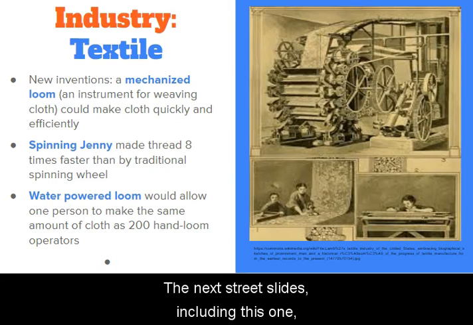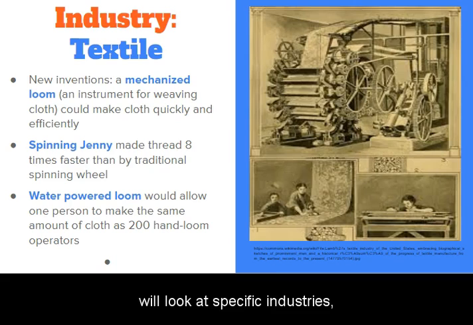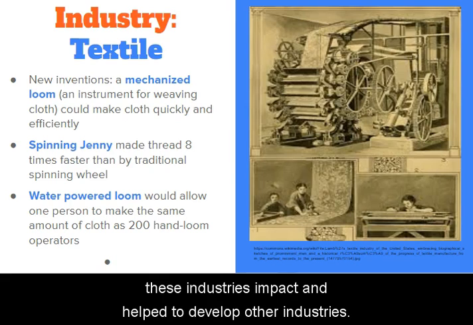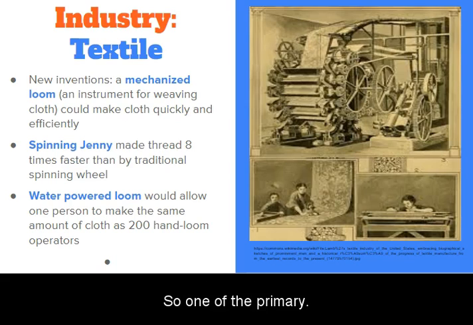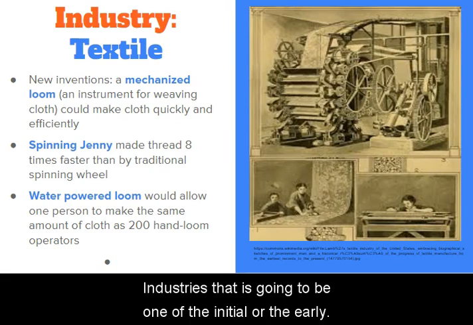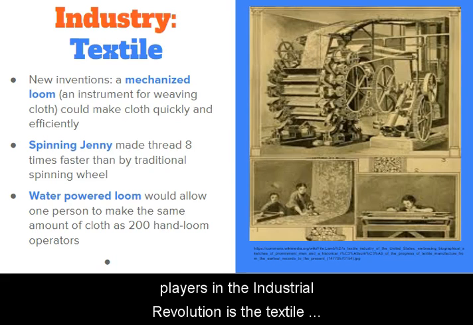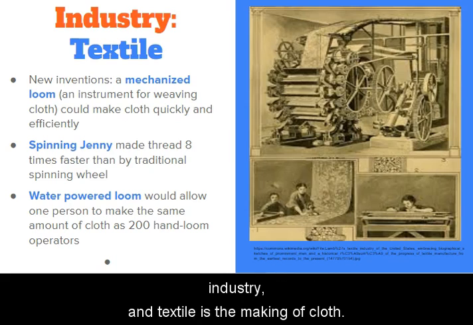The next 3 slides, including this one, will look at specific industries, but it is really important that you pay attention to where these industries impact and help to develop other industries. So one of the primary industries that is going to be one of the early players in the Industrial Revolution is the textile industry.